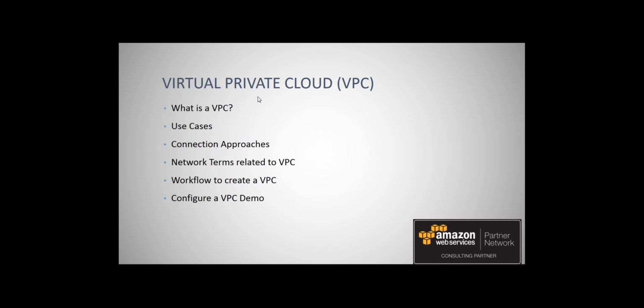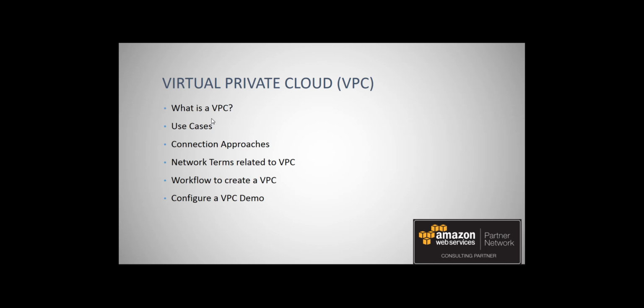So we'll go in and talk about that. But essentially, a VPC is a way to provision a private, isolated section of the AWS cloud and allows the customer to extend their corporate network to AWS. So essentially, some hybrid cloud enablement as well.